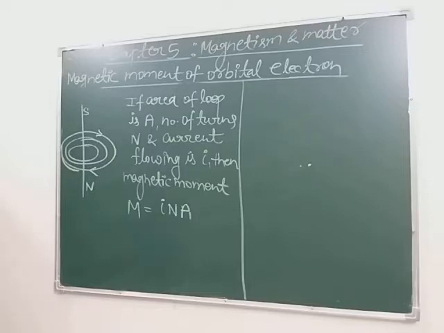So next, write down: let charge q be revolving with angular velocity omega in a circular path of radius r.